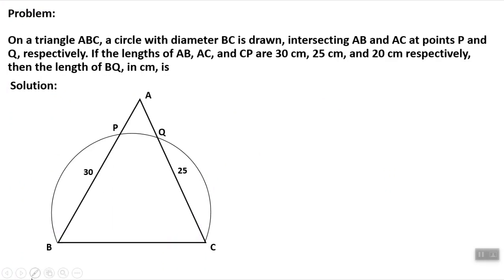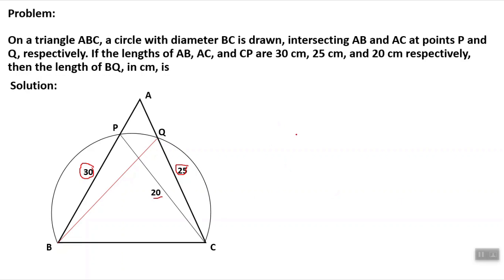30 for AB, so this is AB. 25 for AC. There are two more lines here. The line CP is of length 20, and the line in red, BQ, the length of which is asked. And this is a TITA problem. There are no options.